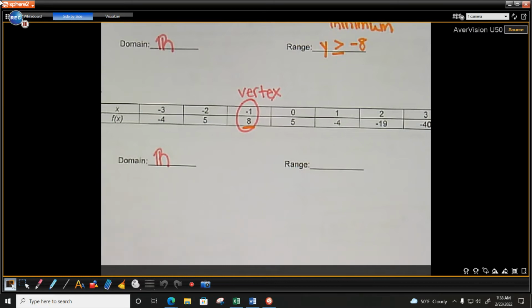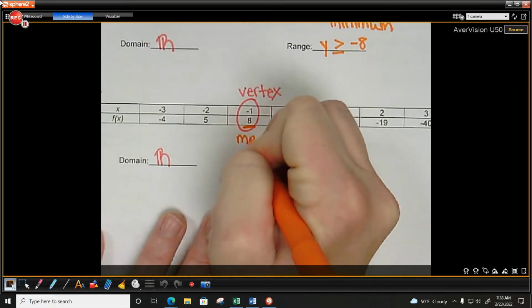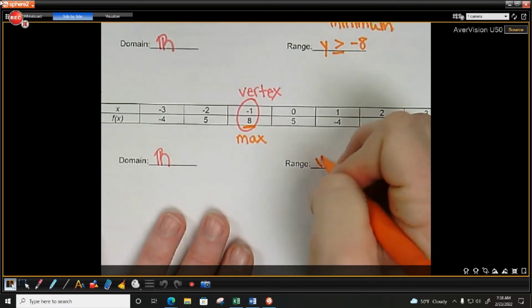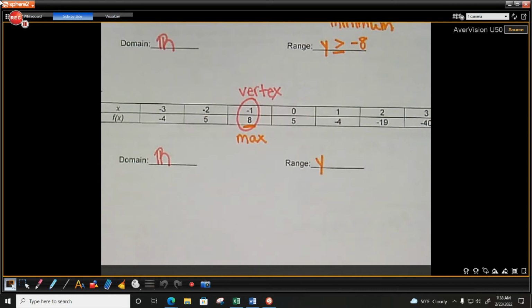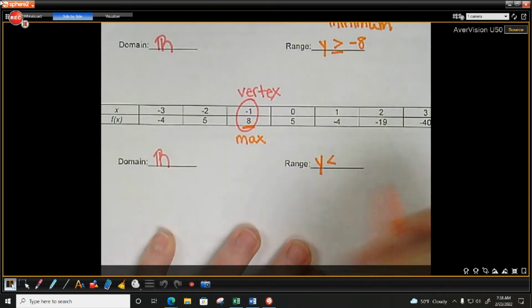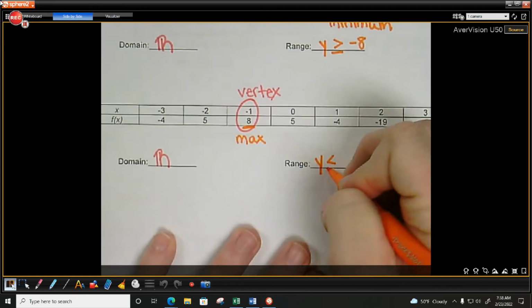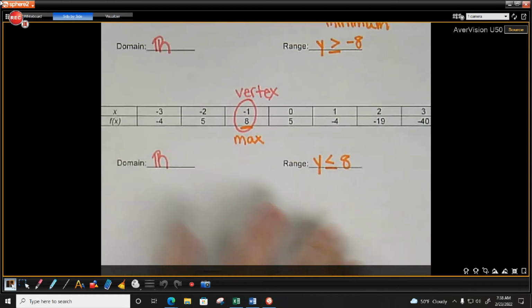So that means if that's the biggest, all the other y values must be less than, they must be smaller. You can't be bigger than the max. The max is the biggest, so everything has to be smaller. Do you actually have a y value of 8? Yeah, so I'm going to put the equal to 8. We good with that?